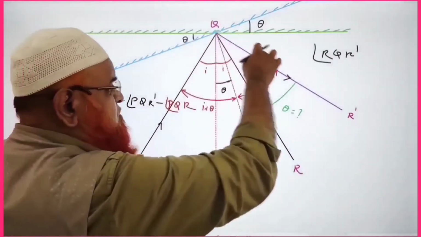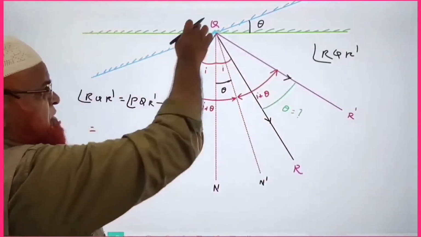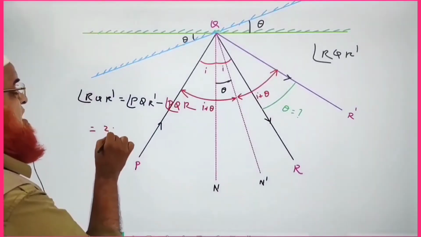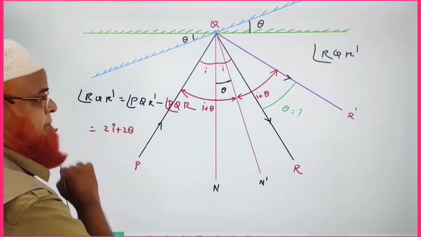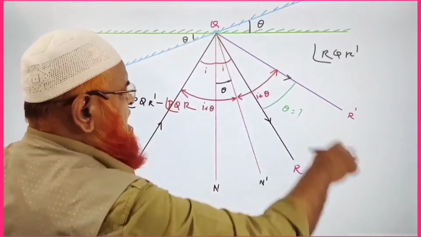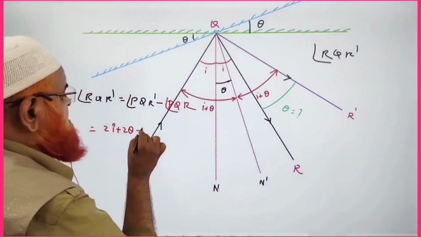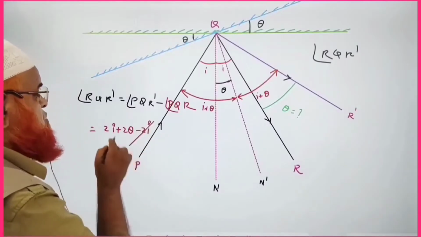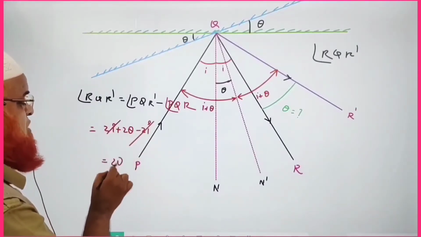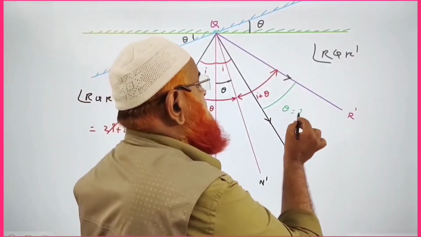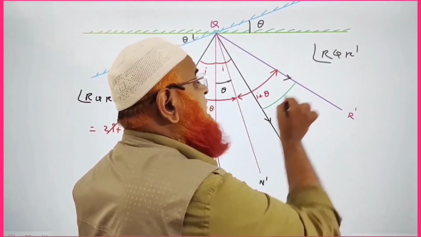Because he has asked us to find P Q R dash, P Q R dash is nothing but I plus theta and I plus theta, which is 2I plus 2 theta. And you have to subtract P Q R, which is I plus I, that is minus 2I. So 2I gets cancelled. What is left is 2 theta. That means this unknown angle is 2 theta.